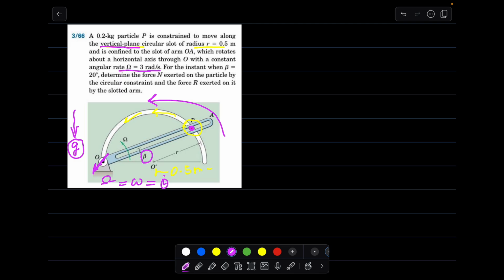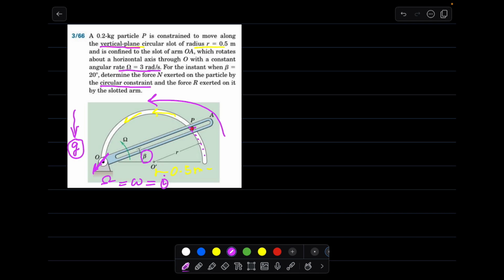we have to find the force exerted on the particle by the circular constraint. So we have to find how much the normal force is exerted by the circular constraint. See the word here: circular constraint.